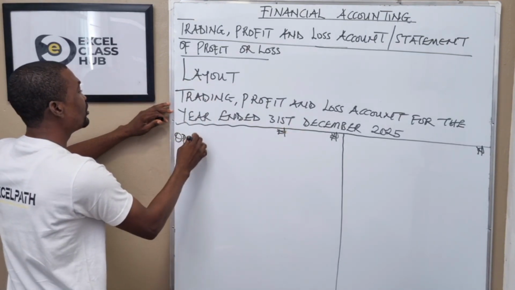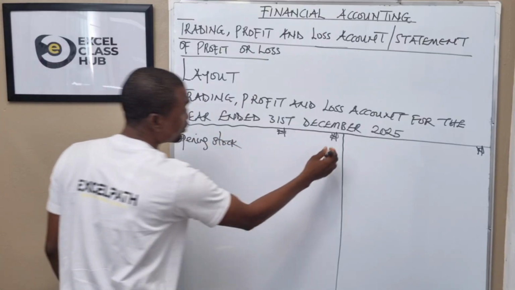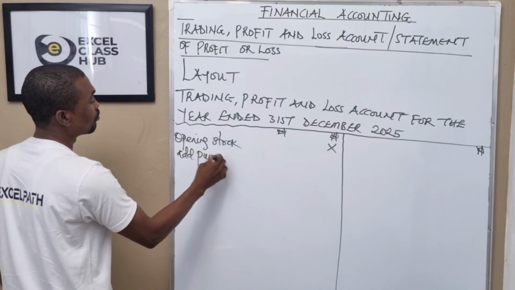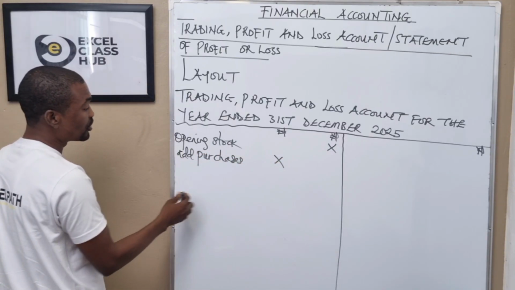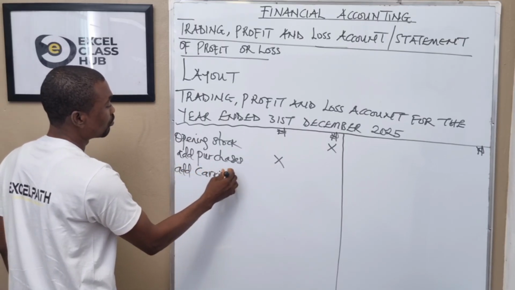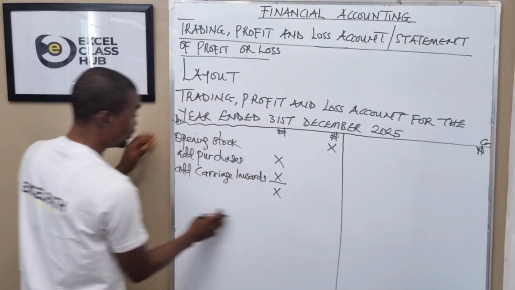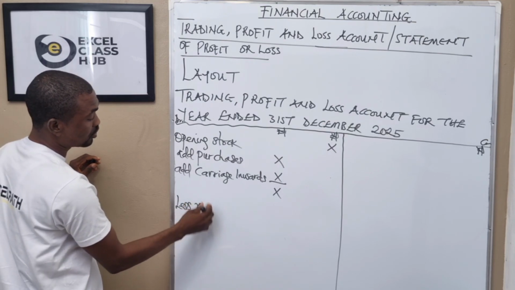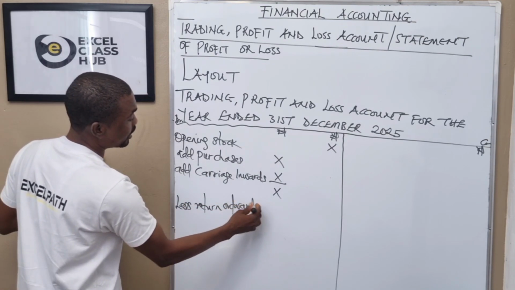So you have your opening stock, which is also known as opening inventories. Then you add your purchases. If you are having carriage inwards in the question, you also add your carriage inwards. Then also, if you have return outwards, you are going to less return outwards. You have to subtract from this figure.